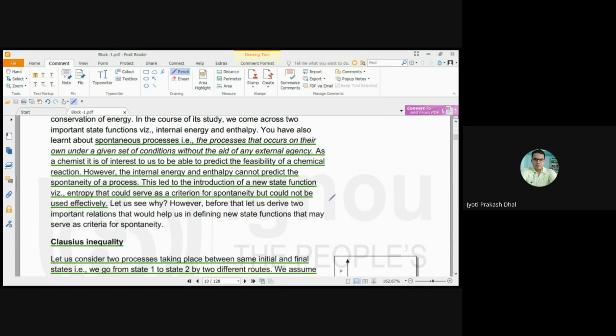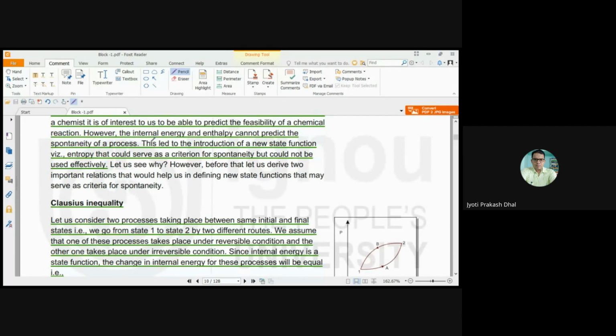In the graduation level, you have studied internal energy and enthalpy, all these thermodynamic parameters, but internal energy and enthalpy cannot predict the spontaneity of a process. This led to the introduction of a new function called entropy, which could serve as a criterion for spontaneity, but cannot be used effectively.